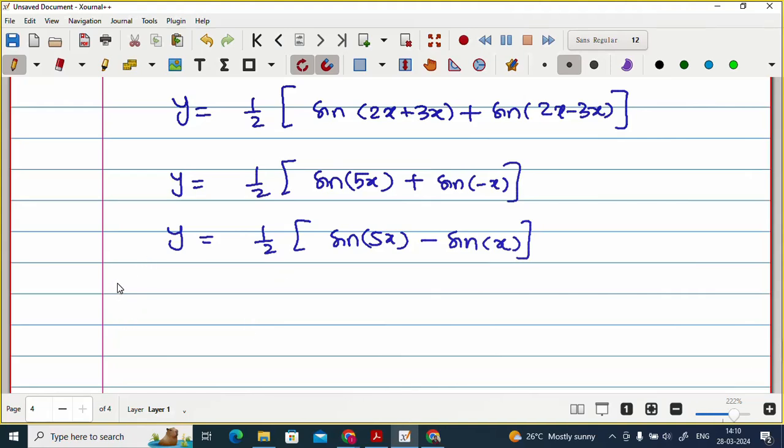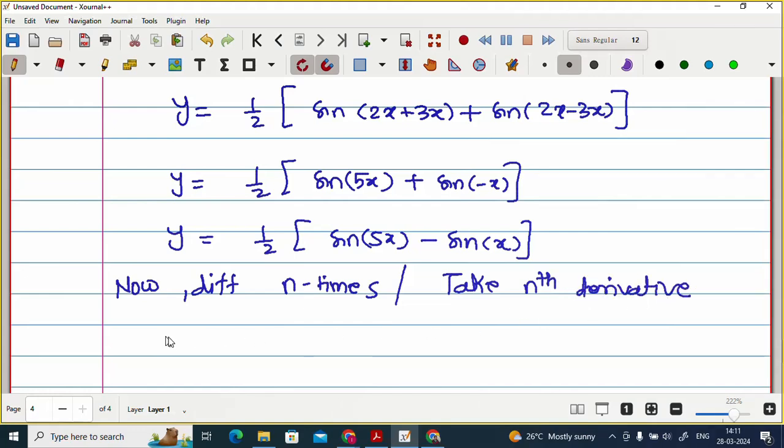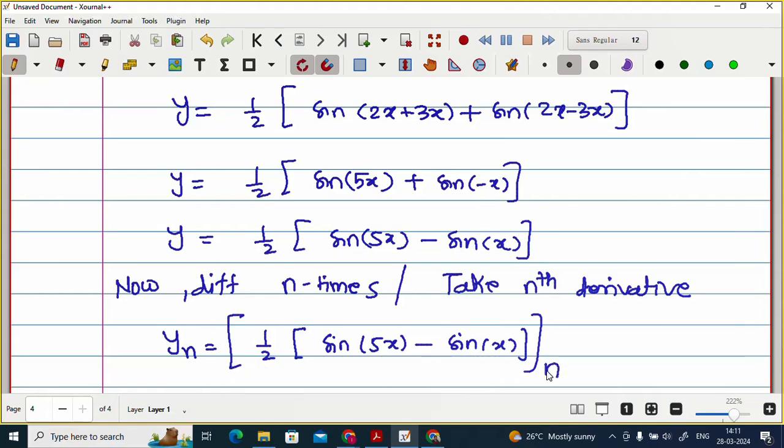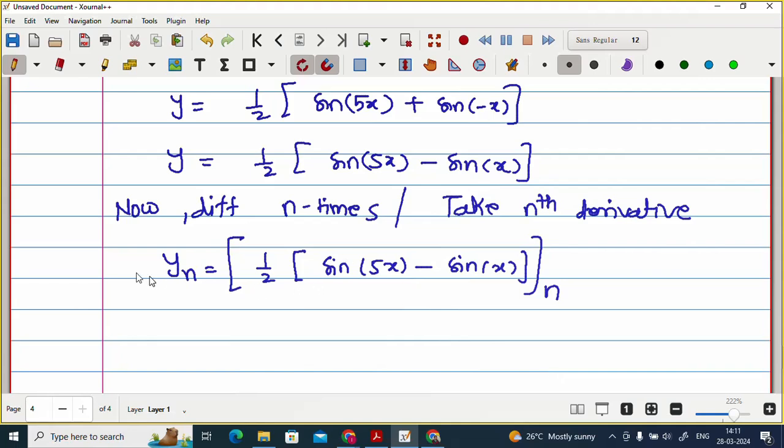Now I will take the nth derivative of this. Differentiate n times, or in other words, take the nth derivative. The nth derivative of the left hand side will be y_n, and the nth derivative of the right hand side, which is 1 upon 2 into sin of 5x minus sin of x, with the bracket and suffix n outside.